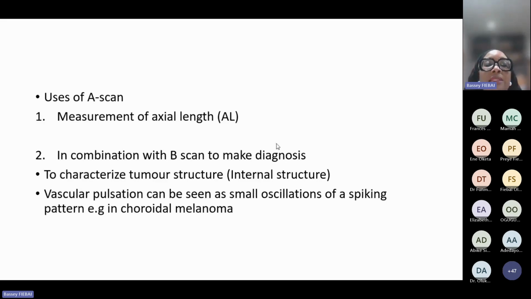So that may tell you that either there is a calcification in that tumor, or there is maybe, like in choroidal metastasis, that the internal structure is not quite, the echographic interface is not very homogeneous. Also, the A-scan spike can also show little vascular pulsations on kinetic ultrasound scan that will indicate that you're dealing with a vascular structure, for instance, in choroidal melanoma.